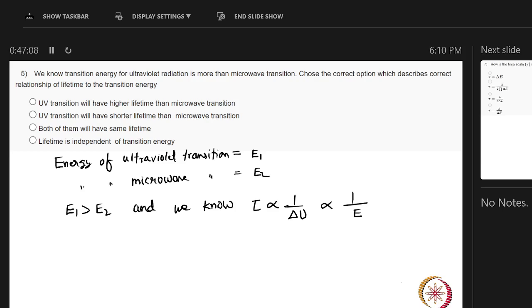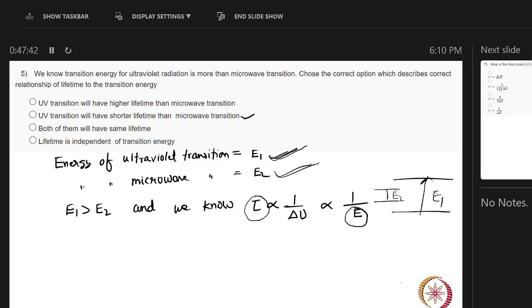So the higher the energy difference between two energy levels, the lower will be your time scale. The energy for the ultraviolet transition is higher compared to the microwave transition, so the time scale for the ultraviolet transition will be shorter than for microwave. Correct.